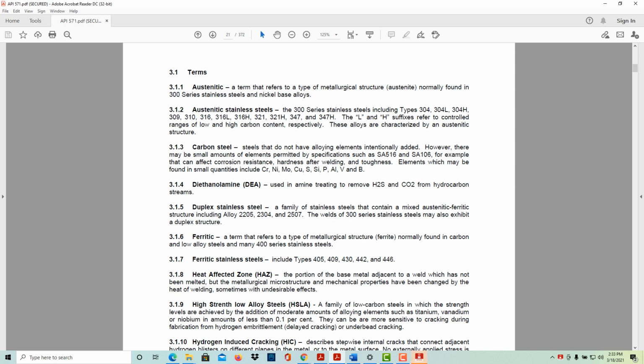However, there may be small amounts of elements permitted by specifications such as SA516 and SA106, for example, that can affect corrosion resistance, hardness after welding, and toughness. Elements which may be found in small quantities include chromium, nickel, moly, copper, sulfur, silicon, phosphorus, aluminum, vanadium, and boron.